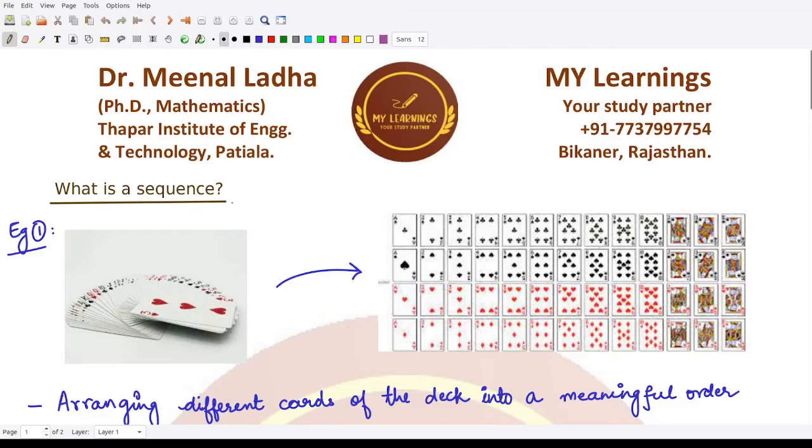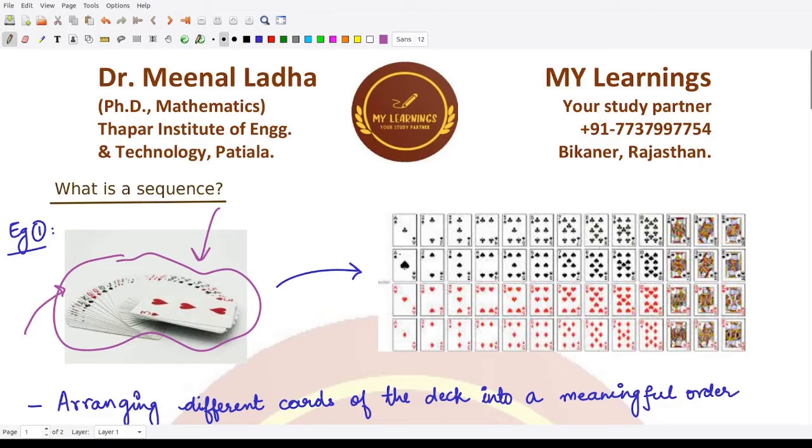In order to understand the sequence, suppose we have a deck of cards. Suppose I have given you this task: take this deck of cards and arrange it in increasing order.